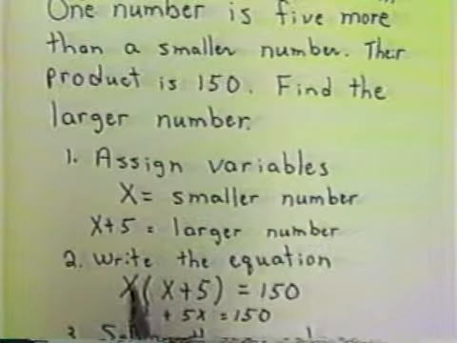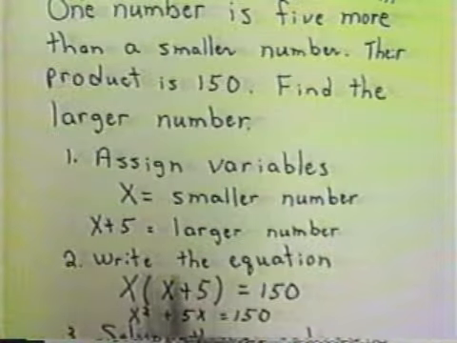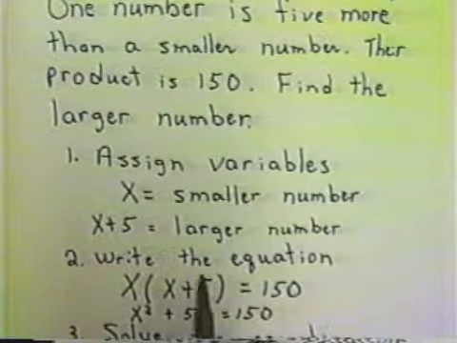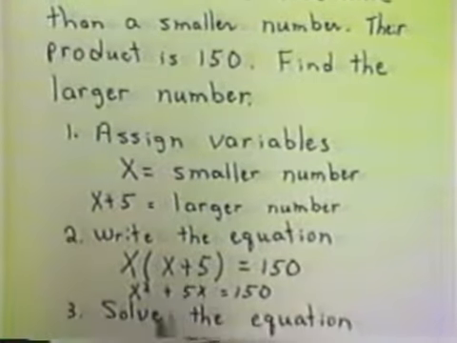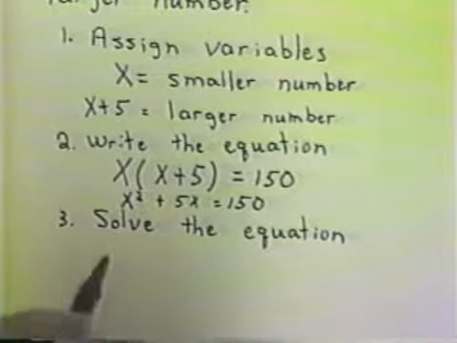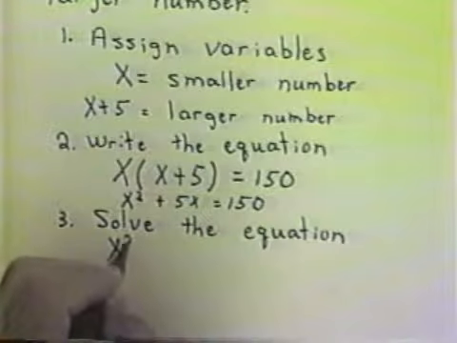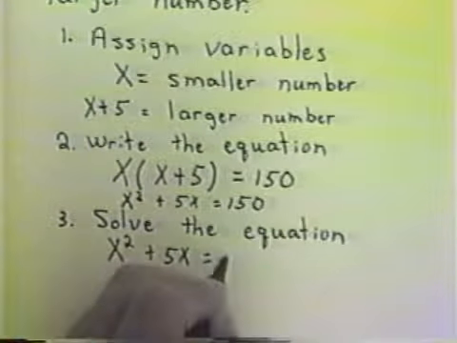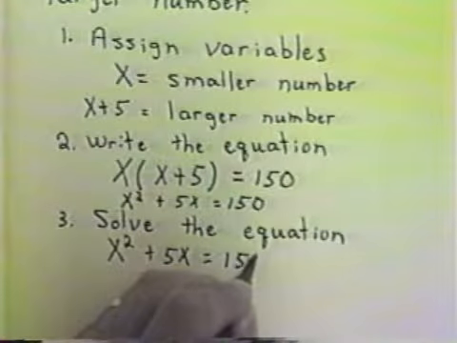When I distribute, x times x is x squared, x times 5 is 5x is equal to 150. Now once I get the equation, my third step is to solve it. So we want to solve the equation x squared plus 5x is equal to 150.